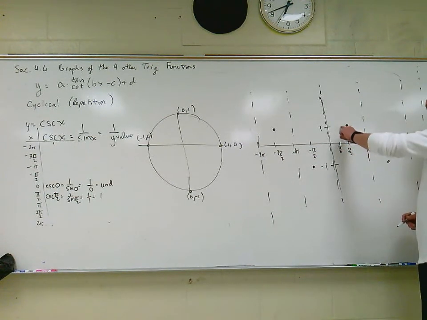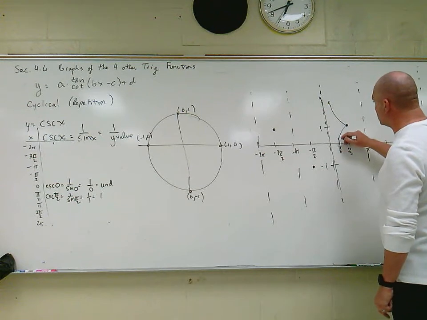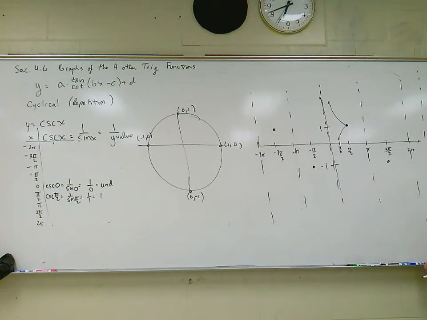If I wanted to do cosecant of pi over 4, do you think the graph is going to go up or go down from that point? What did we just say, Spencer? We just said that cosecant can never be what? 0. Well, you have two choices. It has to go up. You cannot go down because it cannot be 0.